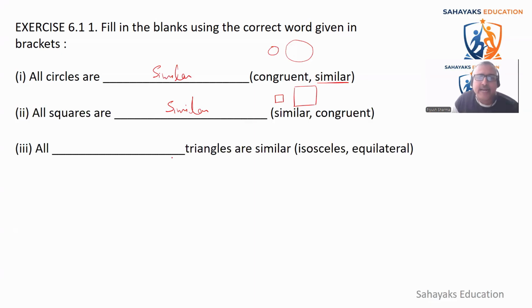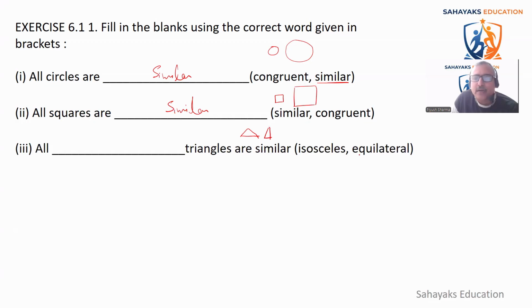Now, all dash triangles are similar. कौन से triangle similar होते हैं? See, an isosceles triangle could be like this, or an isosceles triangle could be this. So for isosceles triangles, we can't say they are similar because their sides can vary.